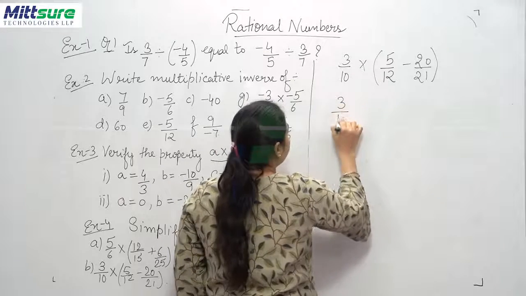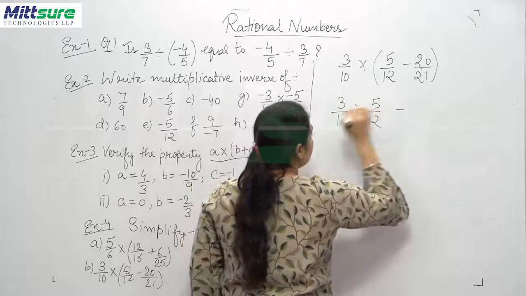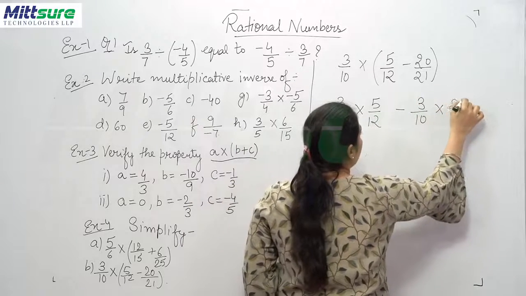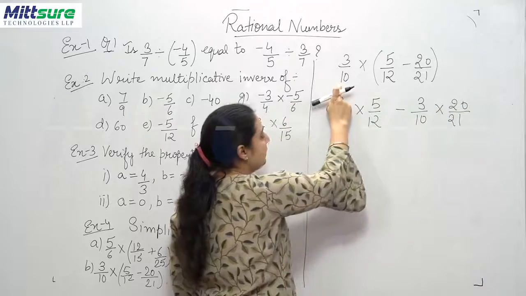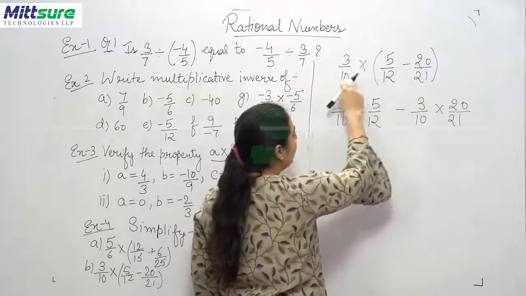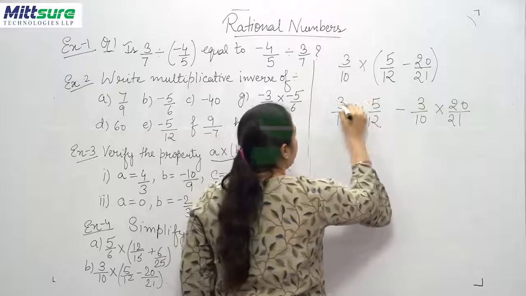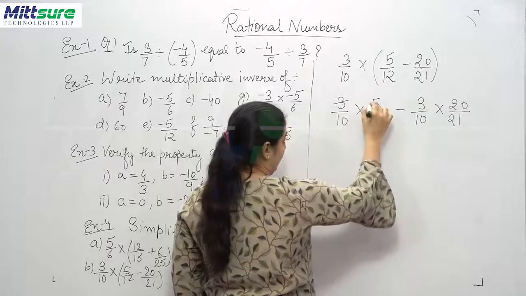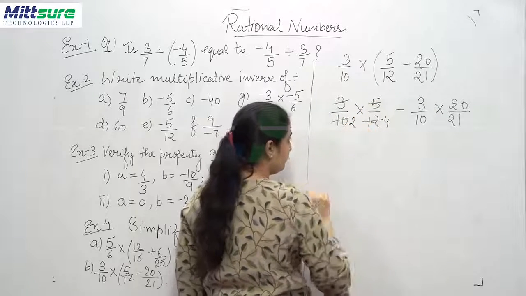3 upon 10 multiplied by 5 upon 12 minus 3 upon 10 multiplied by 20 upon 21. Okay. Now see, here it is A multiplied by B. Here it is A multiplied by C. Now let's solve. When we see this 3, it cuts 12 4 times. When we see this 5, this cuts 10 2 times.